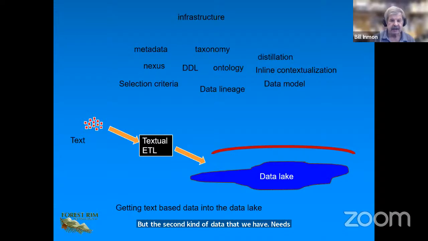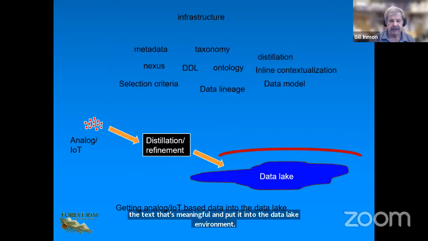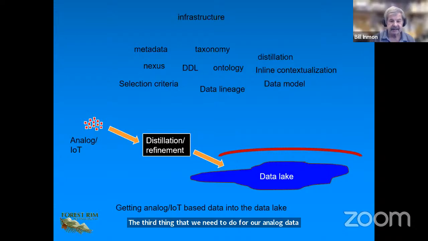This is where we take raw text and find the context of the text, find out the text that's meaningful, and put it into the data lake environment. The third thing that we need to do for our analog data is to take data and distill the data.